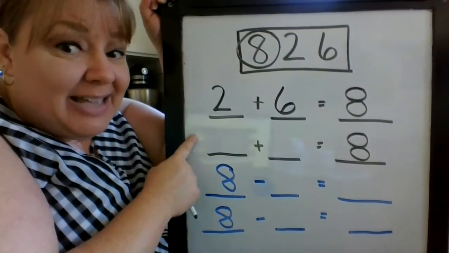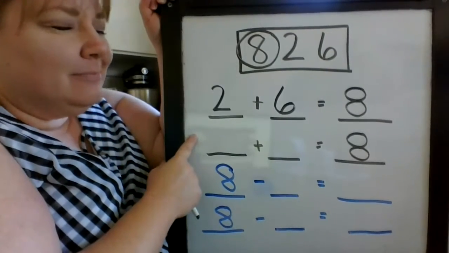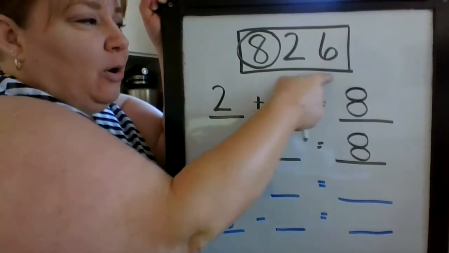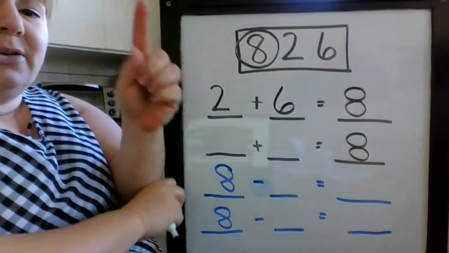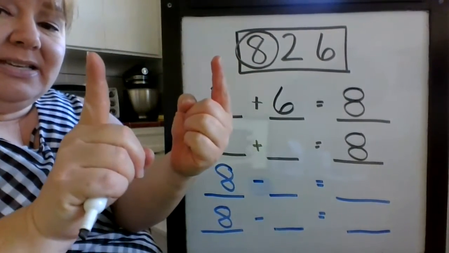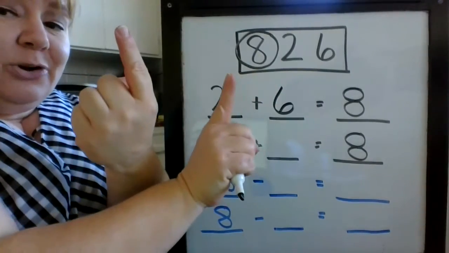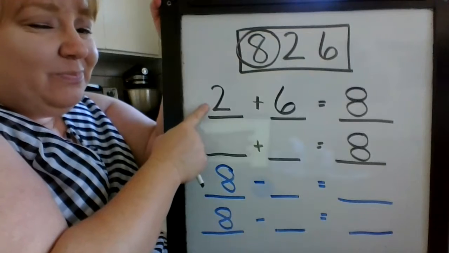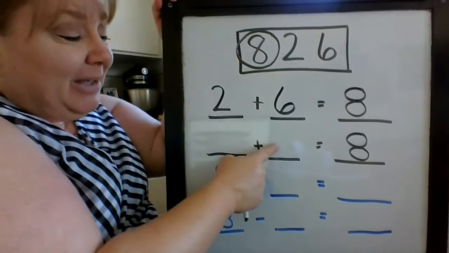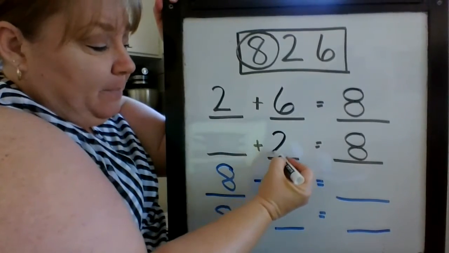Now, we have to make another number sentence. I can only use these 3 numbers. So what I have to do is use the same numbers, but put them in a different order. So I started with 2 here, but now my 2 has to go to this spot.